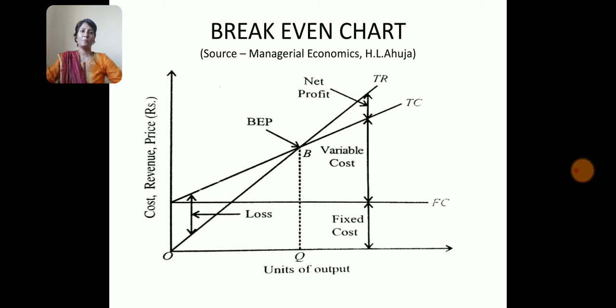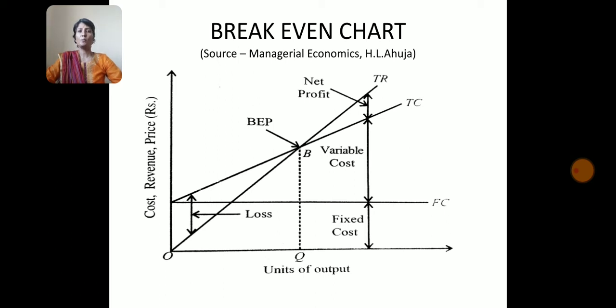Now let us see break-even chart. A break-even chart is a chart that shows the sales volume level at which total costs equal sales. Losses will be incurred below this point and profits will be earned above this point.